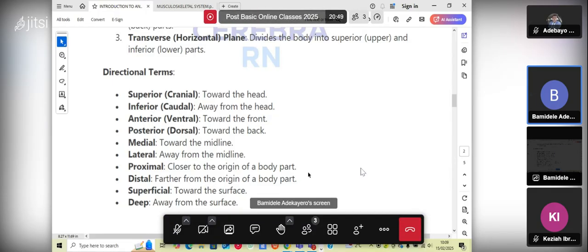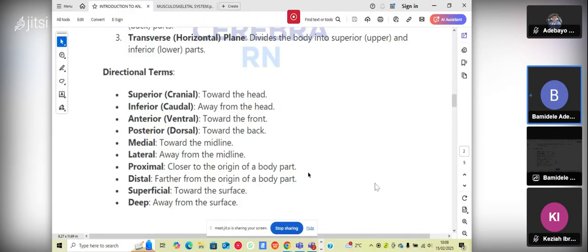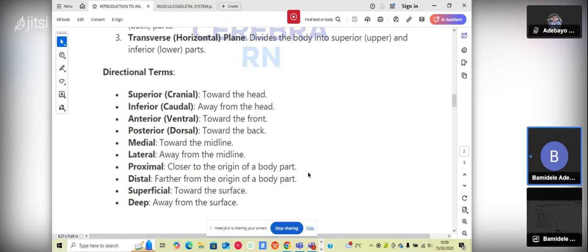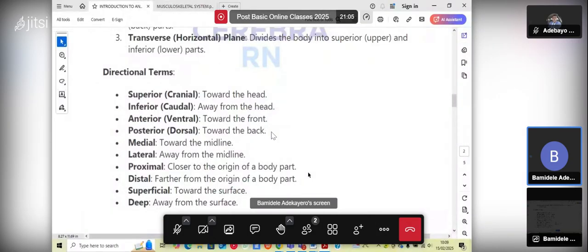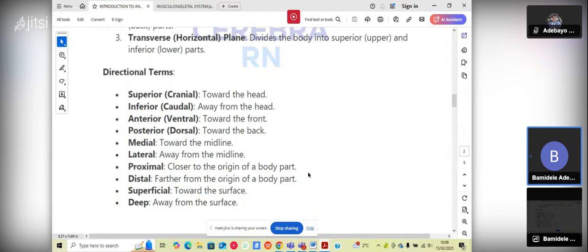The common example is the femur. The upper part of your femur is towards the head, so that is the superior part of the femur. Whereas the lower part of the femur, the one further away from the head, is the inferior part of the femur.